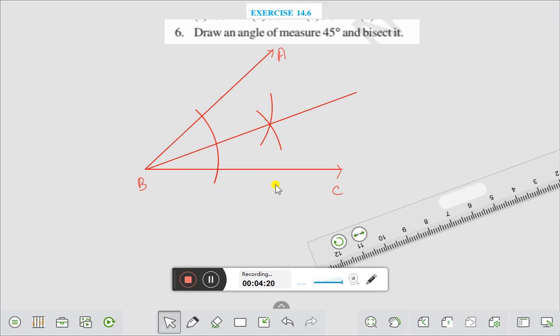The name is, suppose the name here is D point, right?